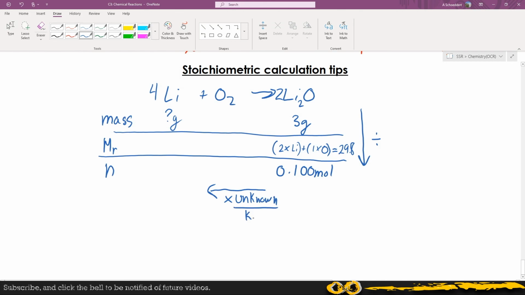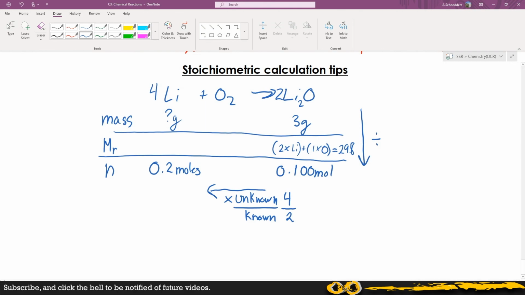In this case, the unknown is lithium, and there were 4 moles of that for every 2 moles of the compound that we do know. And so we will multiply our 0.1 by 4 over 2. This will mean that we have 0.2 moles of lithium that were required in order to make 0.1 moles of lithium oxide.